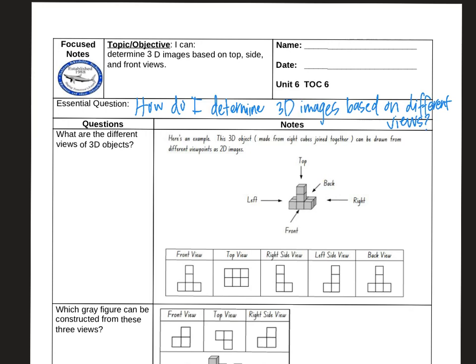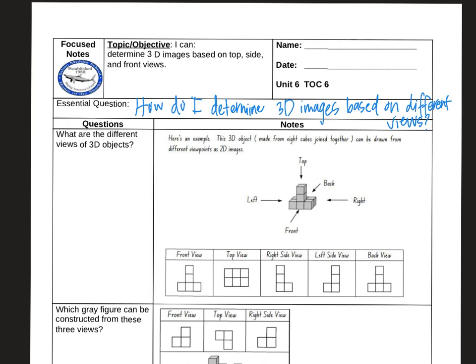So let's think about the front of it. That's this blue space right here. We've got 3 going across at the bottom, and then in the middle we've got 3 going up. So that's the same as what we have right here.